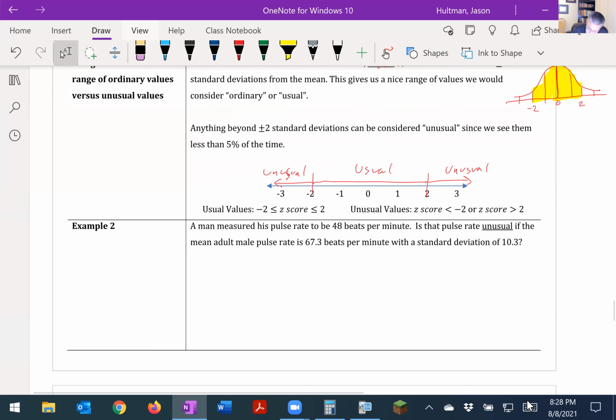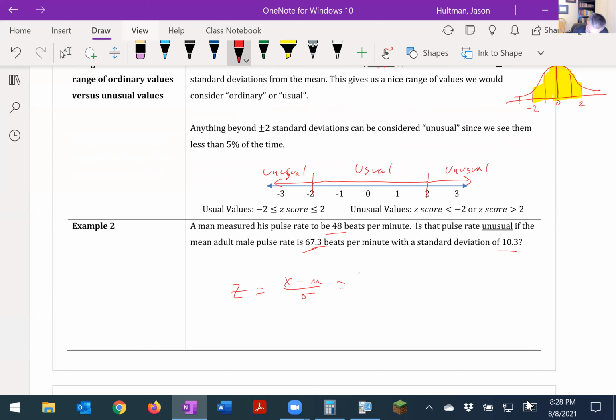Okay, a man measured his pulse rate at 47 beats per minute. Is the pulse rate unusual if the mean for adults is 67.3 with a standard deviation of 10.3? So we want to know, is this an unusually low rate? Okay, so let's calculate our z-score. Our z-score is x minus the mean, x minus mu over sigma, the standard deviation.